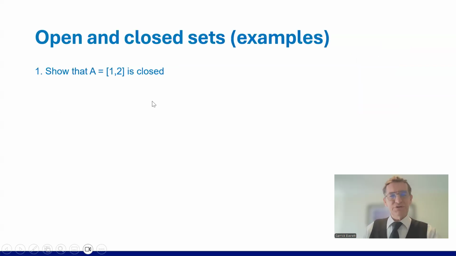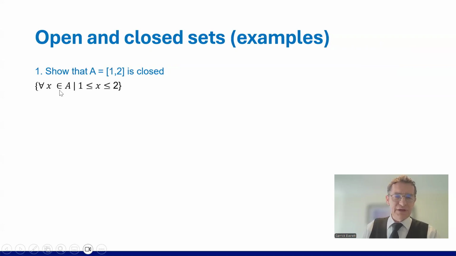The other way you could show something is closed is instead of using the complement. So the question would say, show using the complement that this is closed or open. It's very, very straightforward. The other version would be show that A [1, 2] is closed, and obviously it's telling you by the brackets it's closed, but showing that it's closed, we're going to really say that.